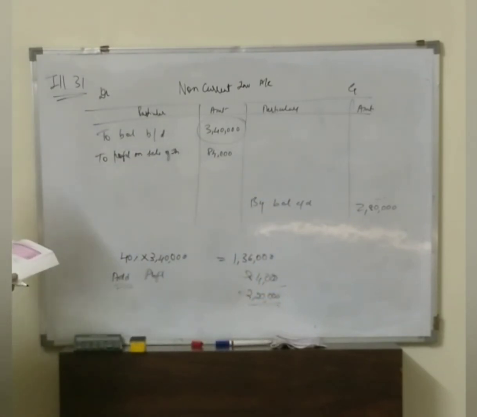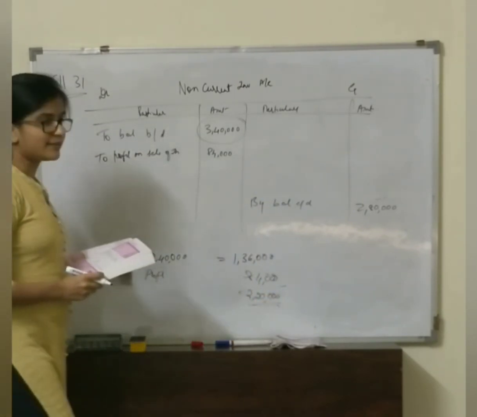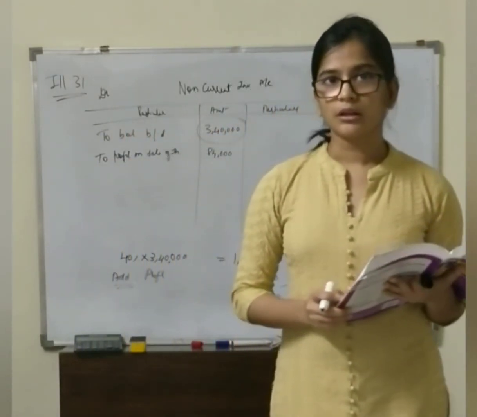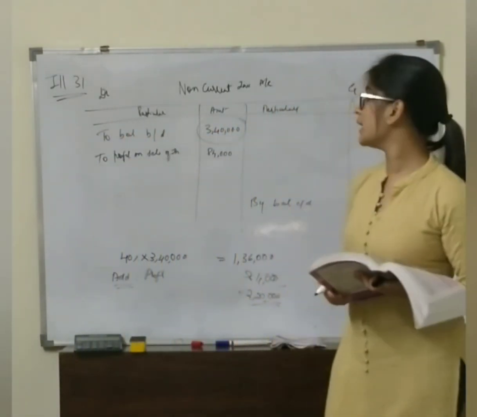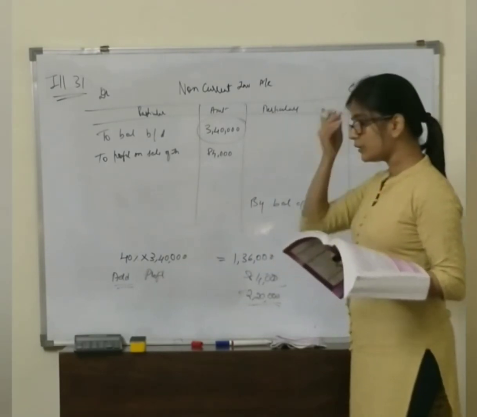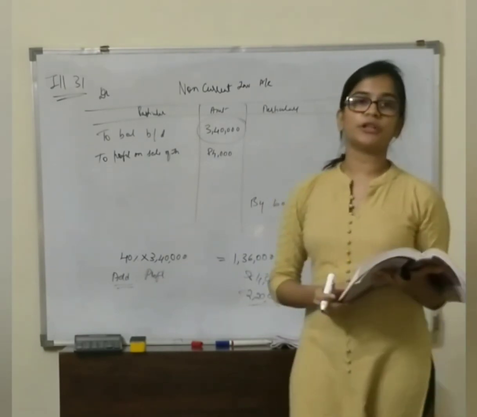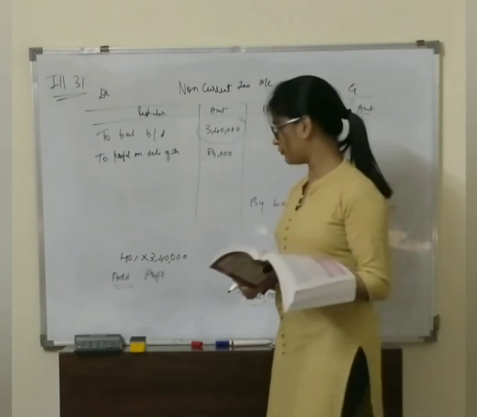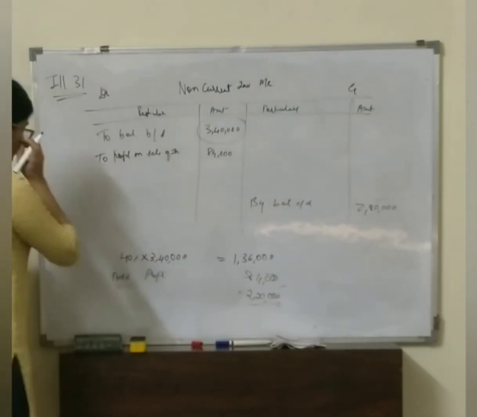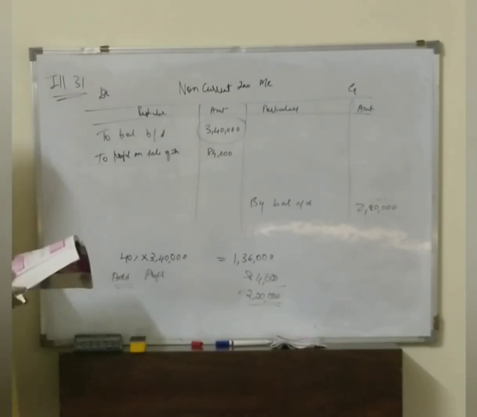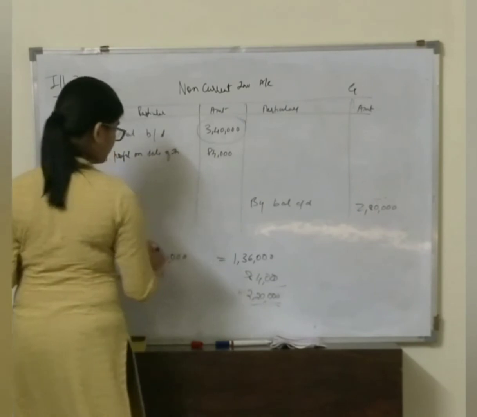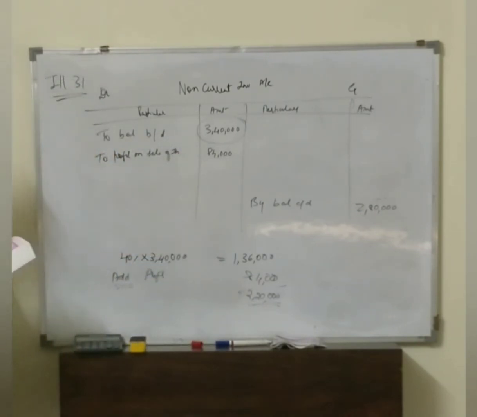The answer we get is 2,20,000. Why do we add the profit? When we are selling it at a profit of 84,000, we don't know what is the sale amount, but they have given us it is 40% of the original investment. So 3,40,000, 40% is 1,36,000. In this 1,36,000, we had a profit of 84,000.